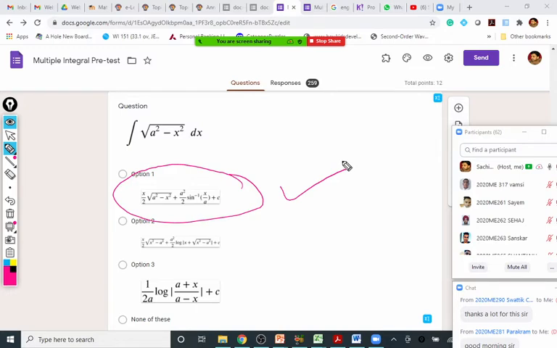That is the formula. Can anyone tell me in which type of region this formula is required many times? For which type of region do we generally use this formula? Circle. Very good, good observation.